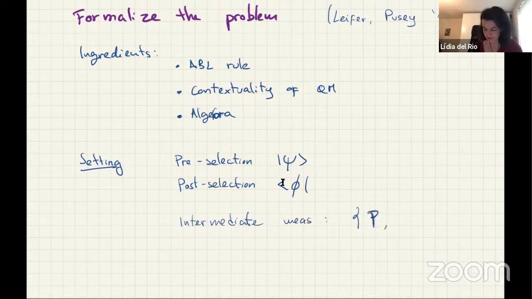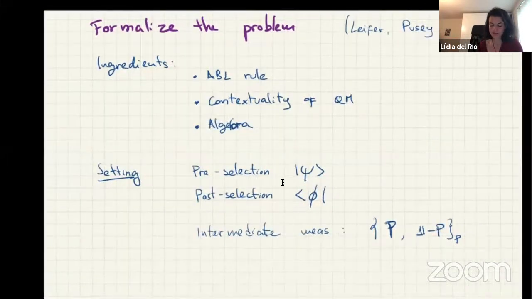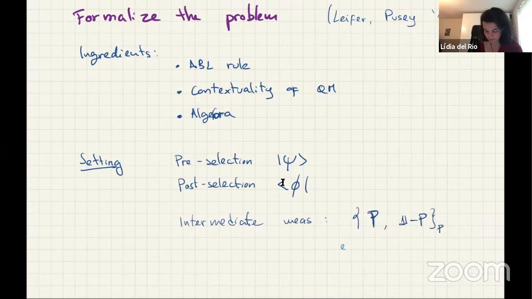So some projector P, and for now we only care about binary measurements where you only have two outcomes, the one that corresponds to P and the one that corresponds to identity minus P. So for example, if you have a Z measurement, then PZ is 1, 0, for example, and identity minus PZ is the projector that corresponds to the other outcome, right? That's the example.